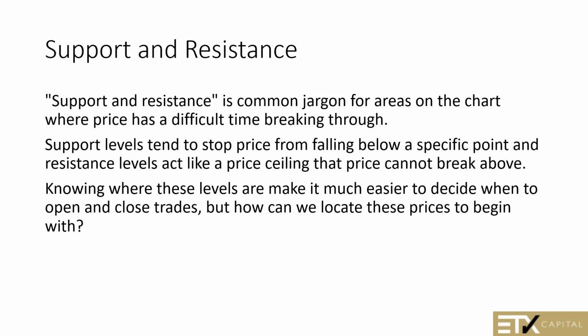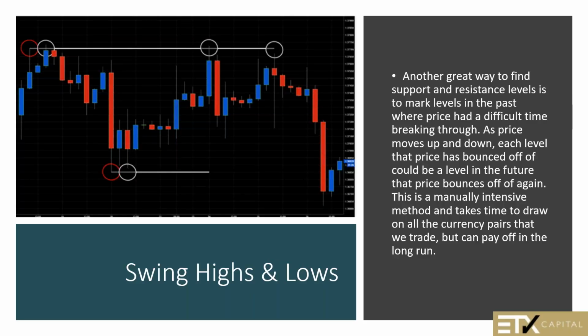Support levels tend to stop price from falling below a specific point, and resistance levels act like a price ceiling that price cannot break above. Knowing where these levels are makes it much easier to decide when to open and close trades. And how can we locate these prices?